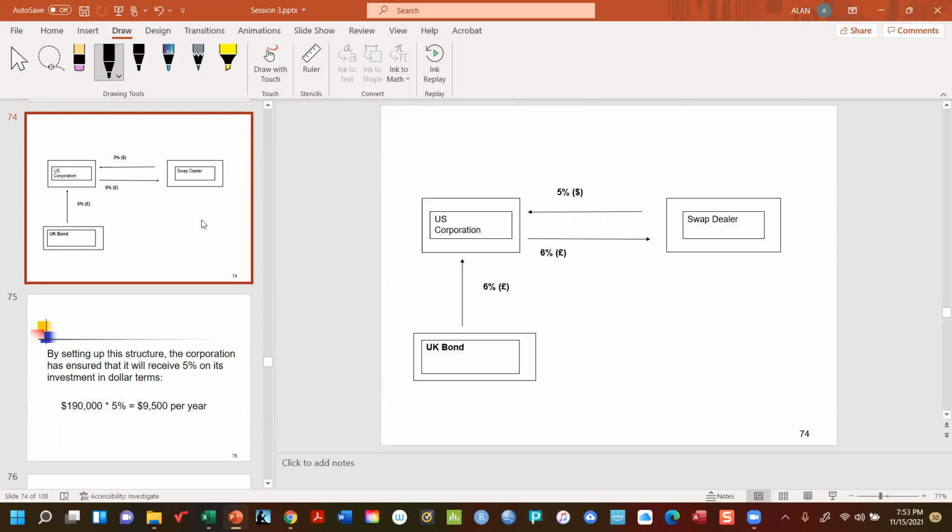Now, this one we have to be careful about because the original bond was worth 100,000 pounds, and the exchange rate was $1.90 per pound, which is 190,000 US dollars.